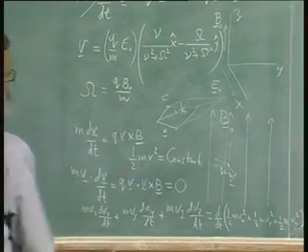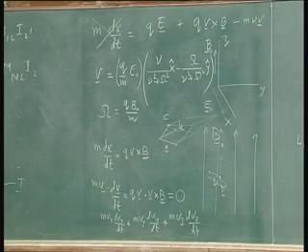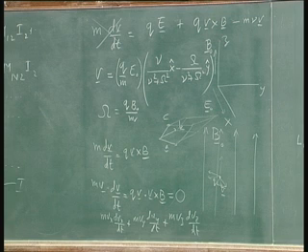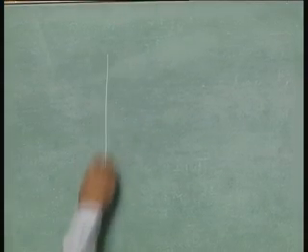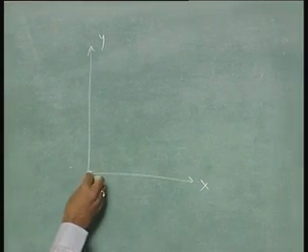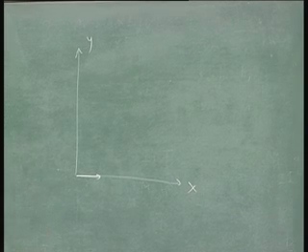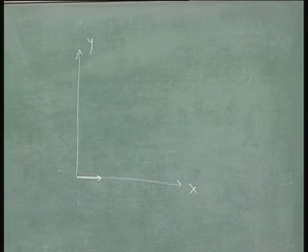So, what will happen to the orbit? It is easy to derive, but instead of deriving I want to draw pictures. Looking from above, let us say this is y, this is x, and let us say the particle started with a velocity along x. The magnetic field is out of the board.